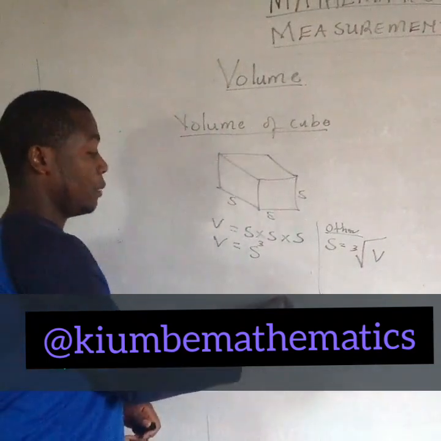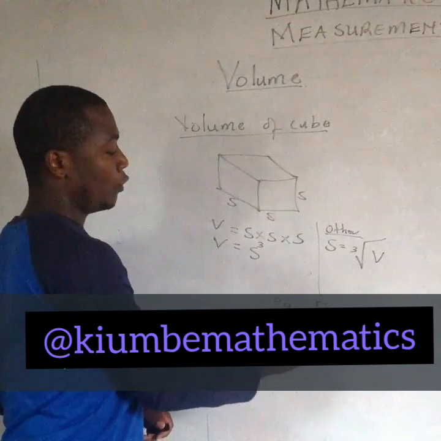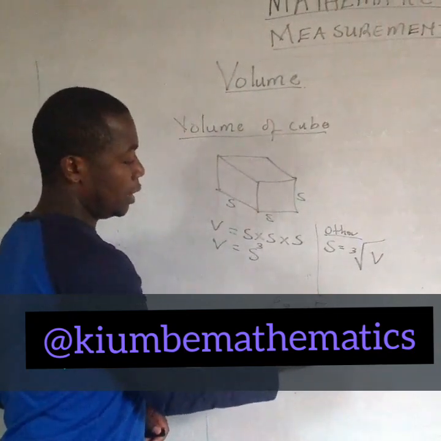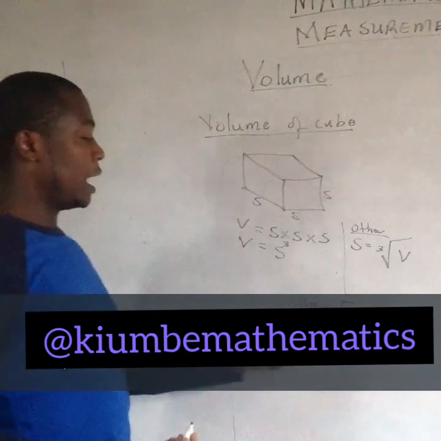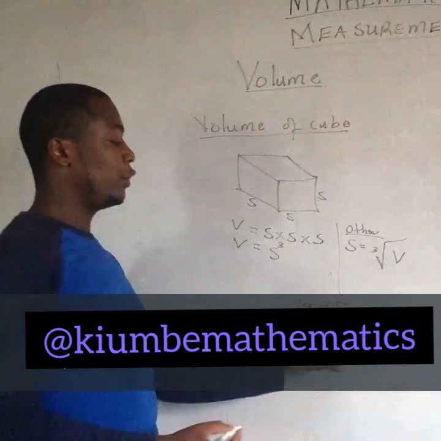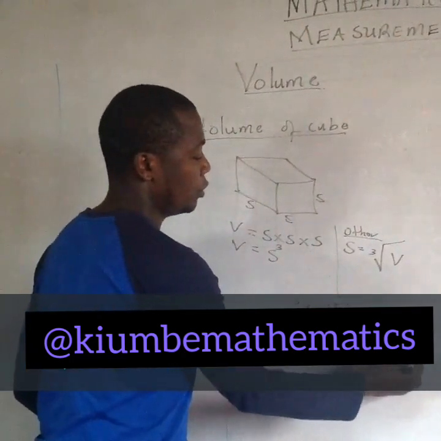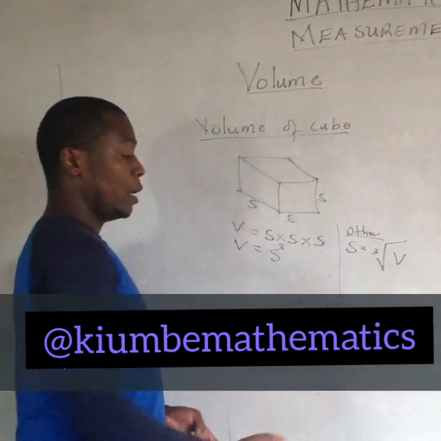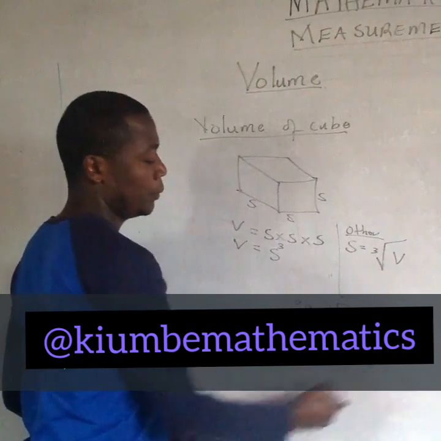If I'm looking for the cube root of a number like 8, I simply ask myself, which number can I multiply by itself 3 times to get 8? And this one is 2, because 2 times 2 times 2 is 8. Therefore, the cube root of 8 is 2.